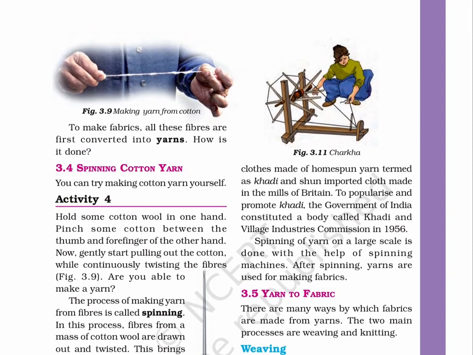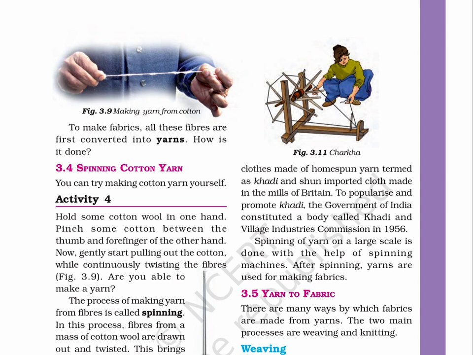3.5 Yarn to fabric. There are many ways by which fabrics are made from yarns. The two main processes are weaving and knitting. Weaving. In activity 2, you might have noticed that a fabric is made up of two sets of yarns arranged together.